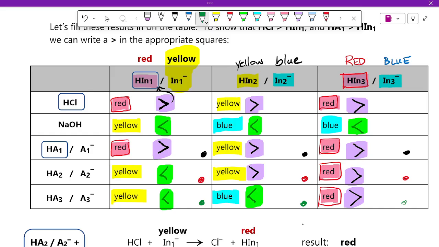HA1 is the strongest of the three HAs. How do you know that? HA1 is the strongest because it's stronger than all three indicators, whereas HA2 is only stronger than two indicators, and HA3 is stronger than only one indicator.